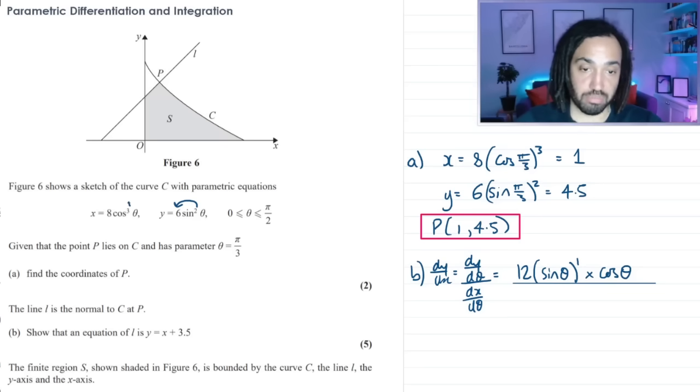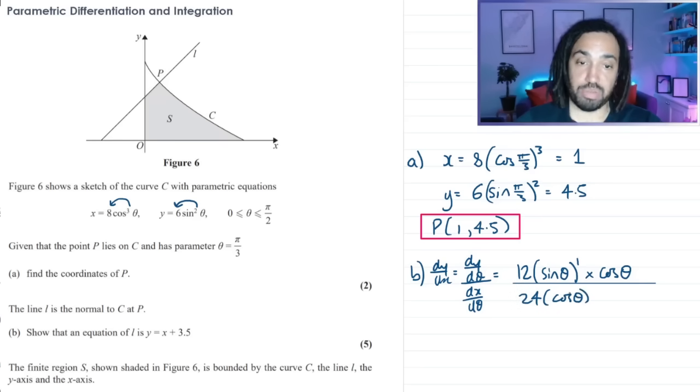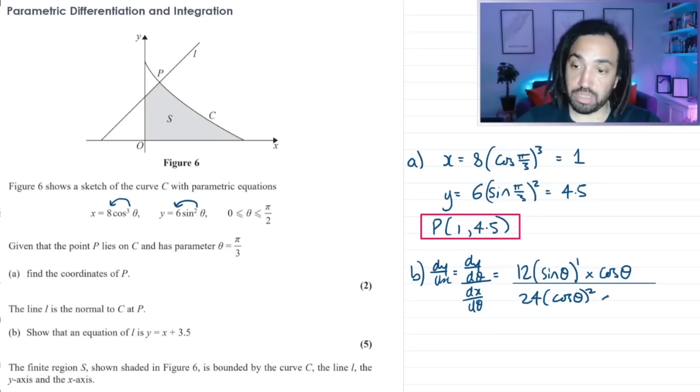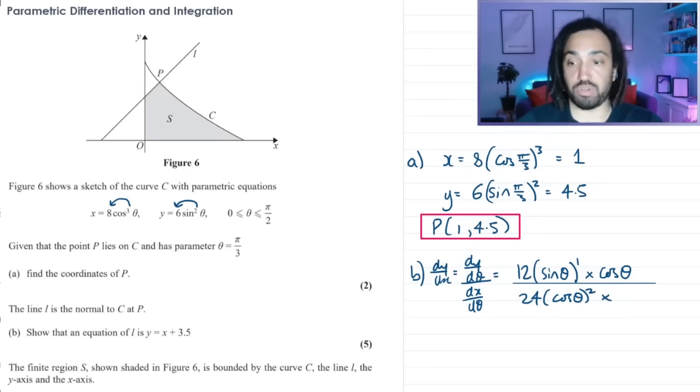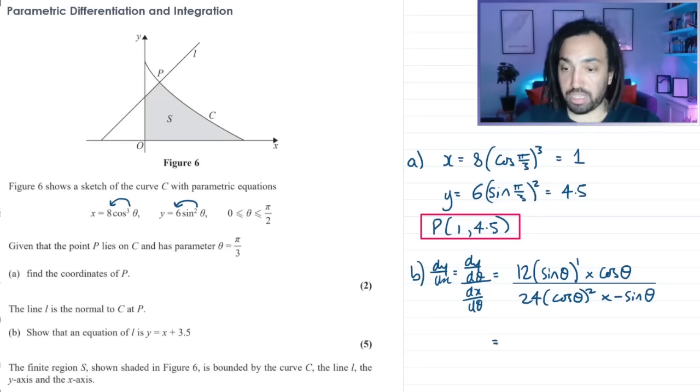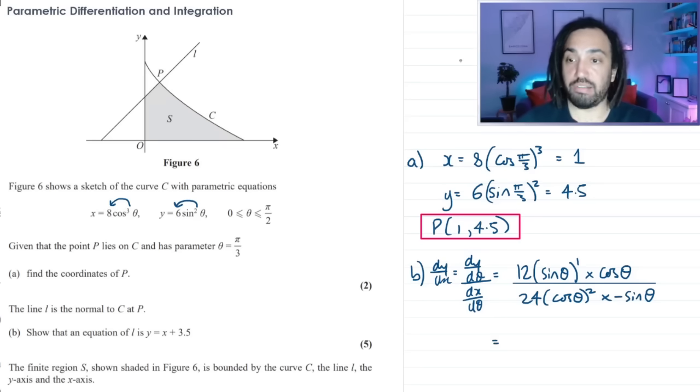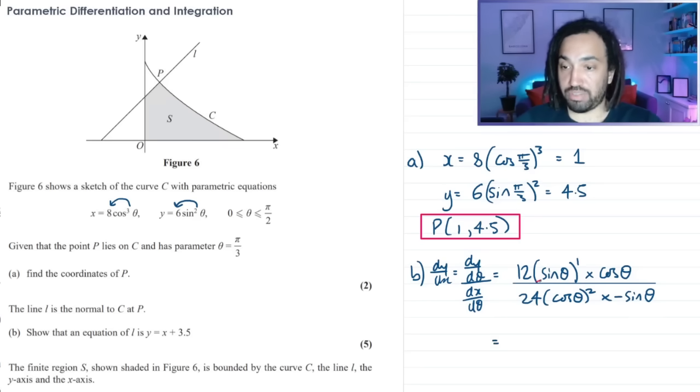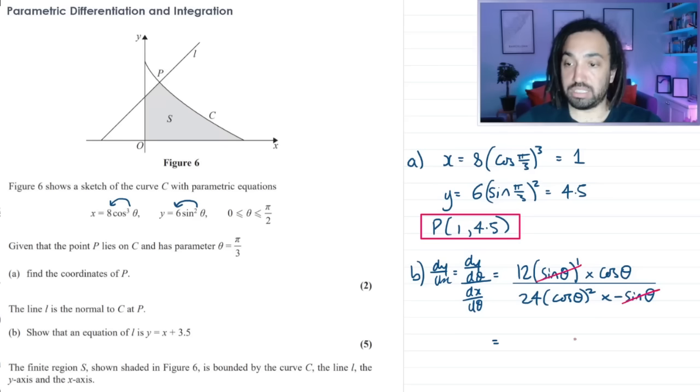Let's do the same here. The 3 comes down, times by the 8. We keep what's inside the same, but we drop the power down by 1 to make 2. And then we times by the derivative of the bracket, which is minus sine theta. Okay, we can do some cancelling here because we have a sine and a sine.